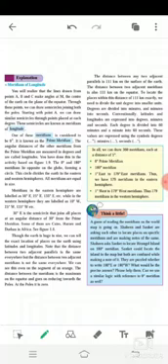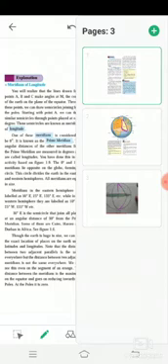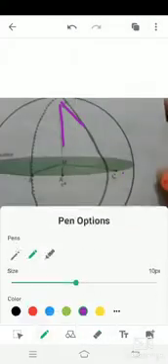The 0 degree and 180 degree meridians lie opposite each other on the globe, forming a circle. I will show you in the diagram.